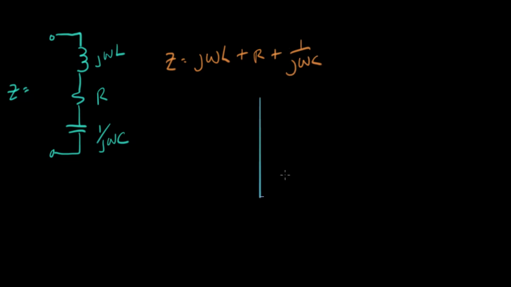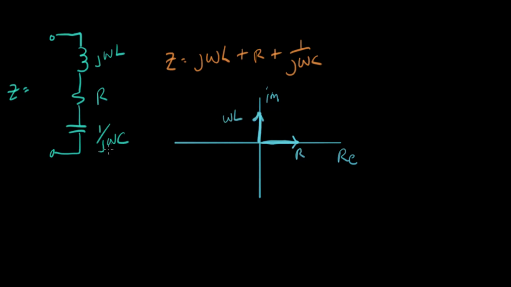So we can try a plot of these things. Here's the real. Here's the imaginary. Let's do R first. R is always on the real axis, some value like that. j omega L goes up by some value. Here's the inductor represented as a vector.